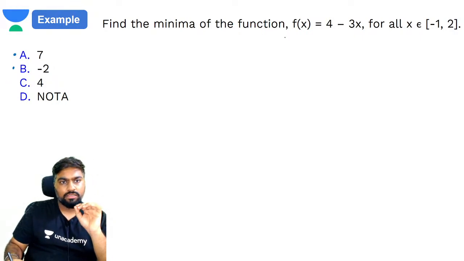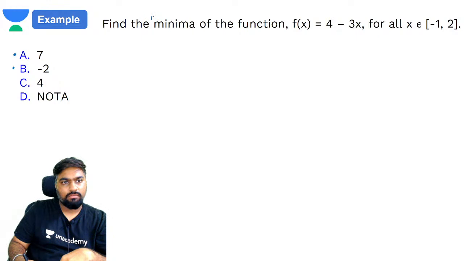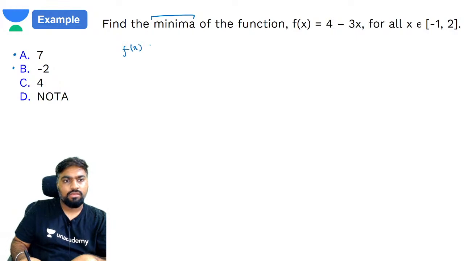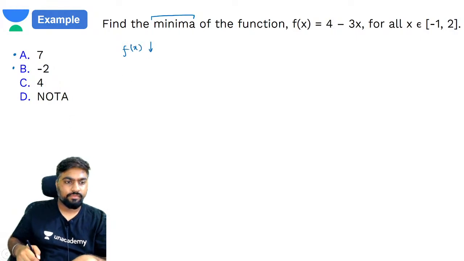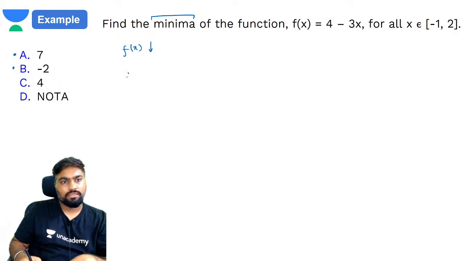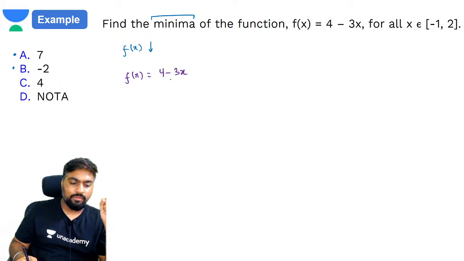Now for this function, what are they asking? Find the minima. That means our f of x should be at the least. What do you do here? Go ahead, write what f of x is. F of x is 4 minus 3x. Since this is a linear equation, it's going to be a straight line, right?